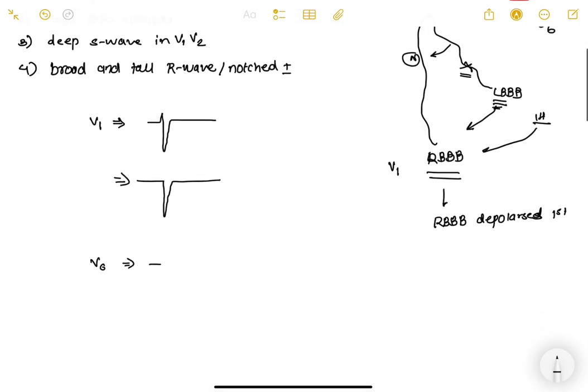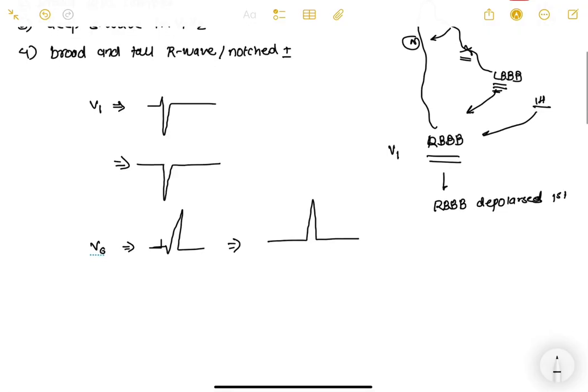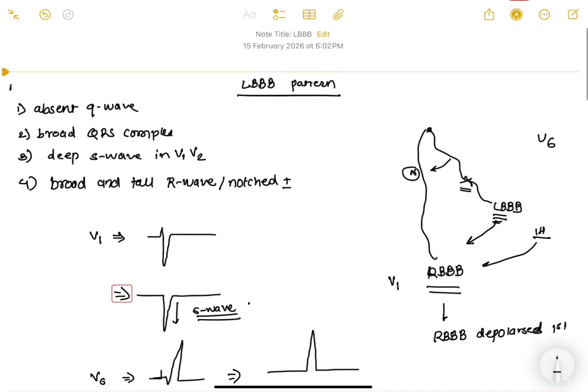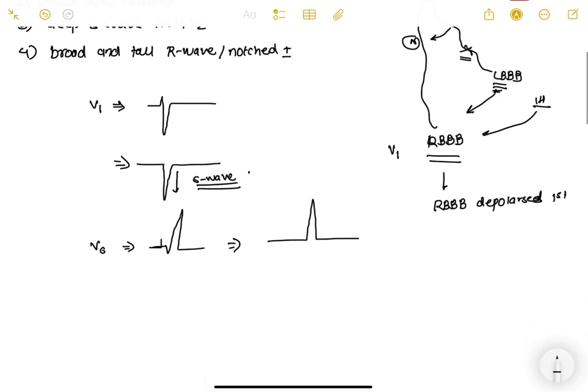We usually get negative and then positive, but here we will get flat waves and this tall wave. Now this deep one is the S wave. Why do we call it a deep S wave? We will see later. I hope we have cleared this first point, that is absent Q waves.